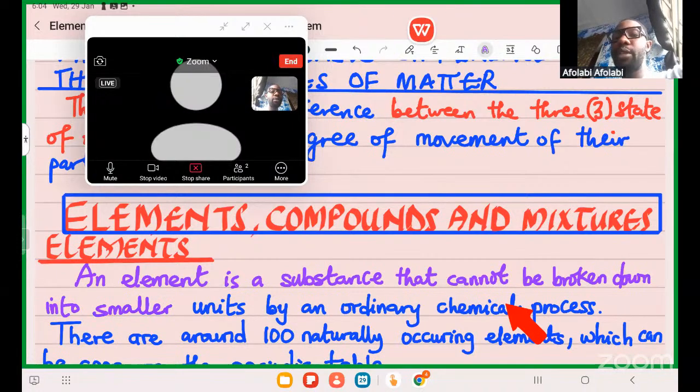So ordinary chemical processes will not in any way break down an element. Which is why an element is a substance that cannot be broken down into smaller units by an ordinary chemical process. Are we together?